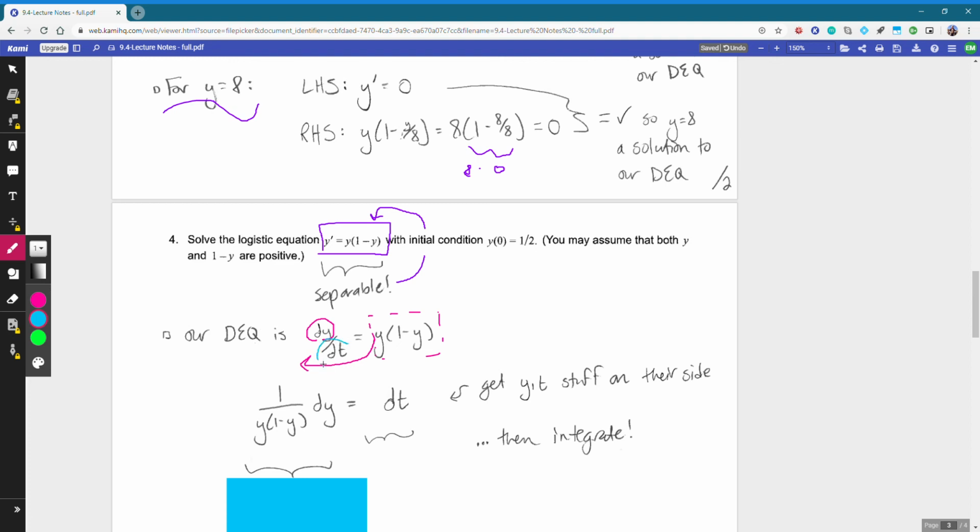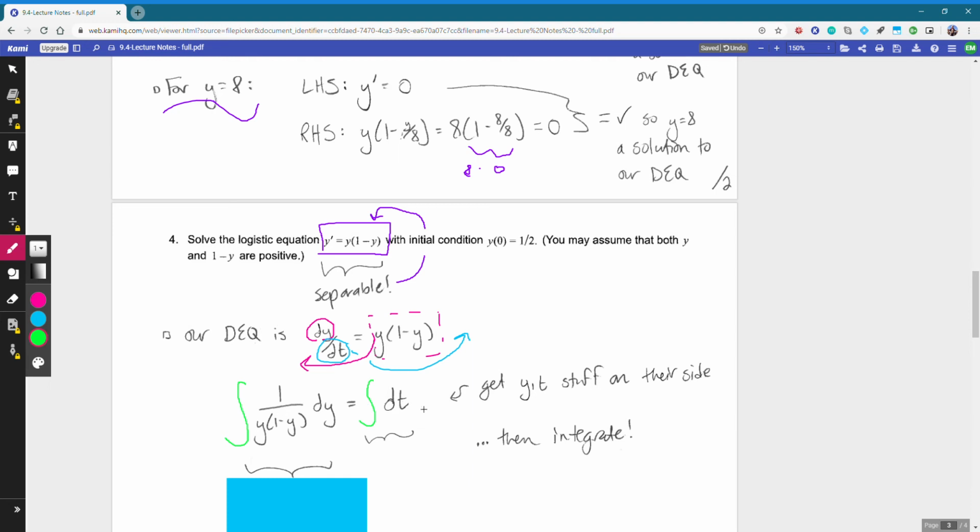And then dt, we just need to multiply both sides by, bring it over to the right, and we end up with this right here. So our y stuff is on its side, and our t stuff is on its side. There's really no t stuff besides just the dt, and at this point we will integrate.